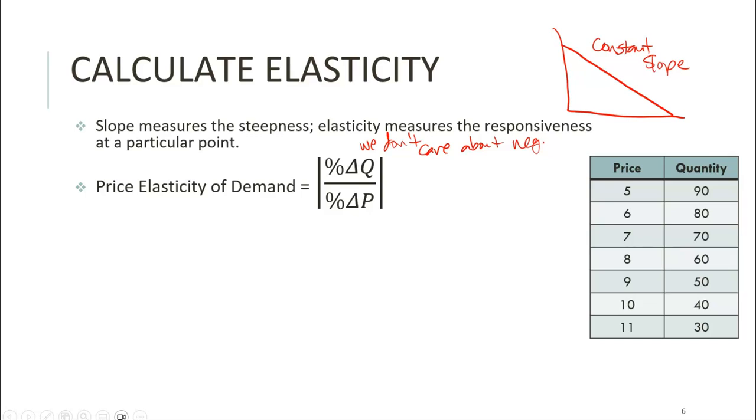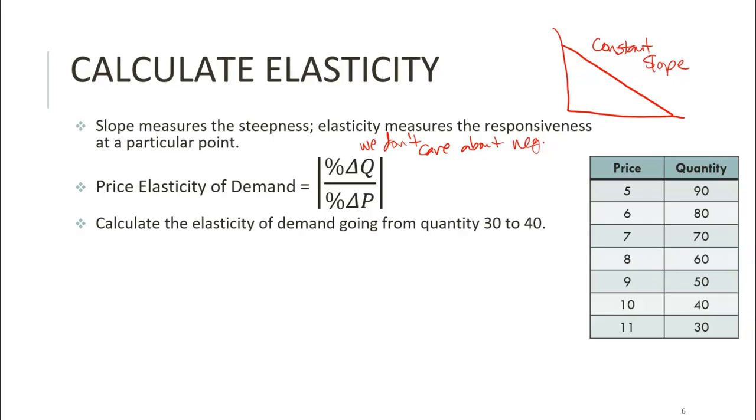We will care about that a little bit later when we're trying to figure out, is this an inferior good? Is it a complement or substitute? It will tell us more about what type of good it is. I'll show you why later. But just for figuring out sensitivity, we just don't care. And so you'll see about half the resources just say absolute value. The other half, they leave the negative in, but we are essentially ignoring it because it doesn't really mean anything.